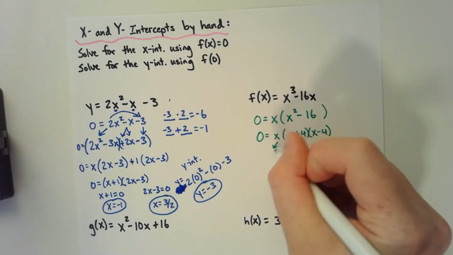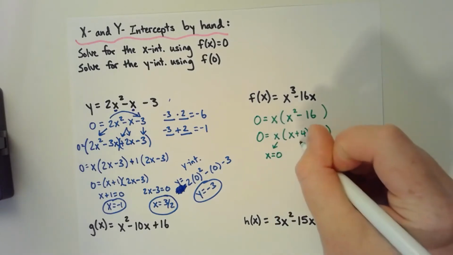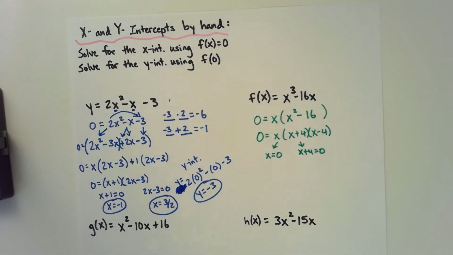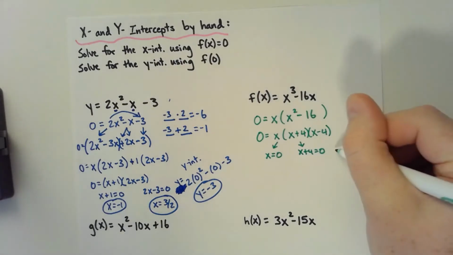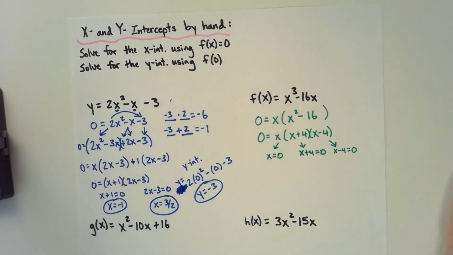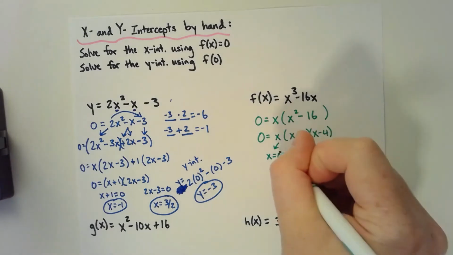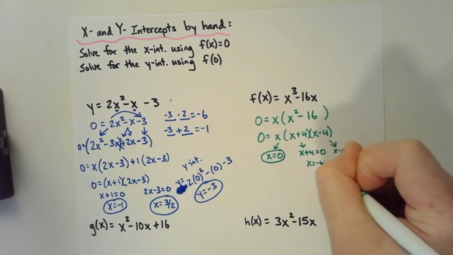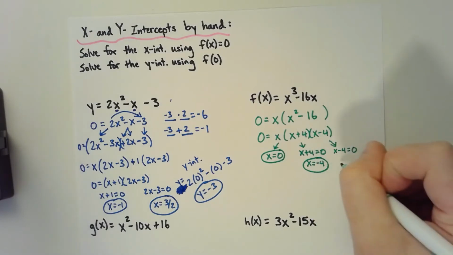So we need to say that x equals 0 is one of our factors. X plus 4 equals 0 is another factor. And x minus 4 is our third factor. So that one needs to also equal 0. So then you already have one answer right there. We need to subtract 4. So we get x equals negative 4.